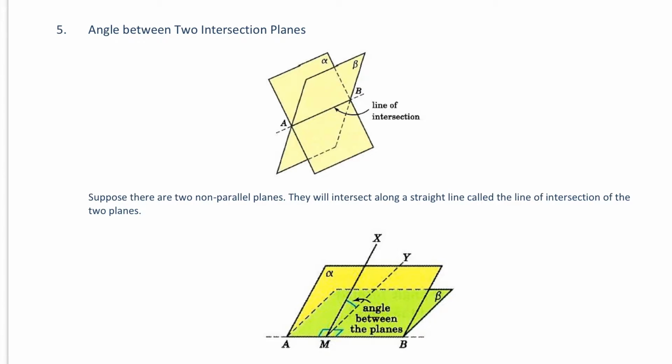One straight line on plane alpha, another straight line on the plane beta. If this straight line x is perpendicular to the line of intersection, and this y is also perpendicular to the line of intersection, this angle is the angle between alpha and beta. That means the angle between the planes.